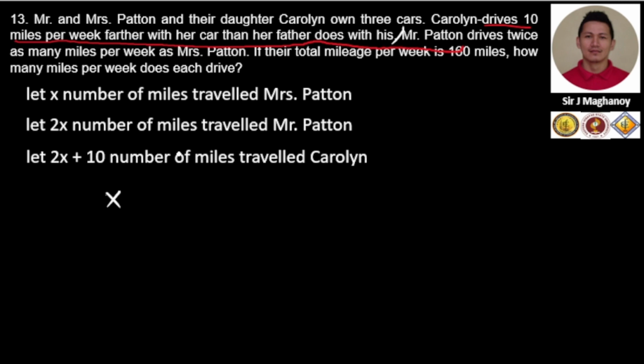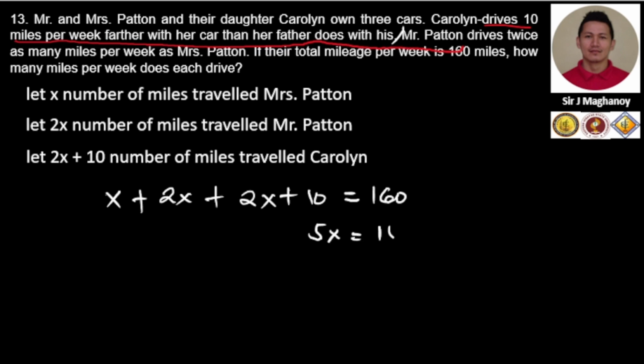We have Mrs. Patton, x, plus Mr. Patton, twice of Mrs. Patton, 2x, plus their daughter, 2x plus 10, then equals 160 miles. So how many x? 5x. We transpose 10 to the other side, 160 minus 10, that is 150. Finally, x is equal to 150 over 5.